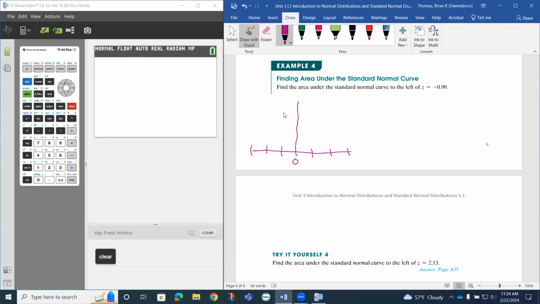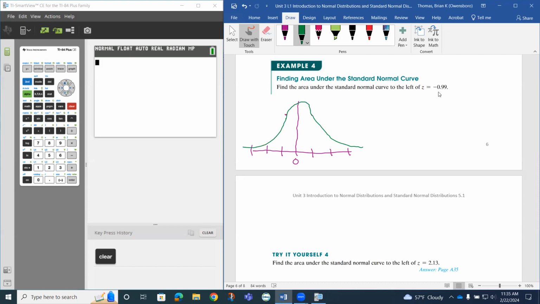The point of inflection is about 1 standard deviation away, so we can make a little point there. If I draw my curve, it comes across here, and when it hits this point, it'll bend around, come down, and bend again.